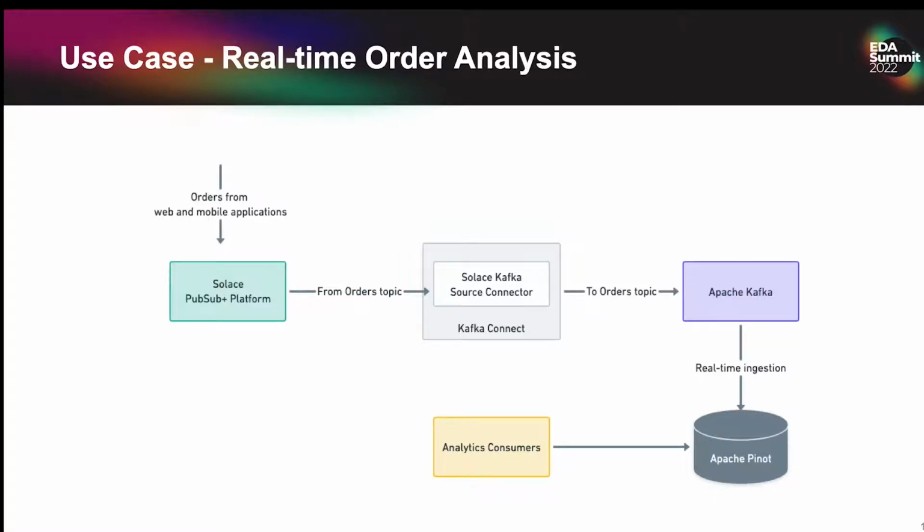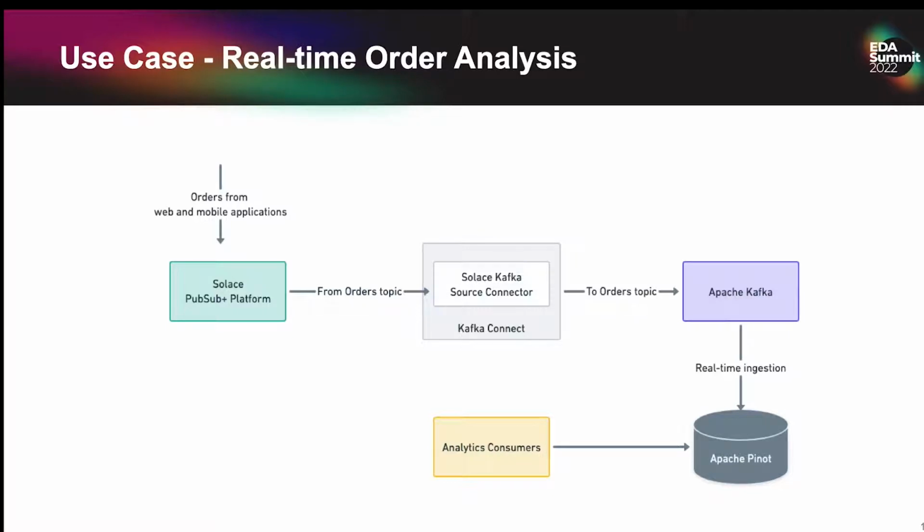And then we need to do some sort of real-time processing on these incoming orders. For example, we need to see what is the current total sales value and what is the current count of orders coming in. For that, we need to have Apache Pinot in the picture.